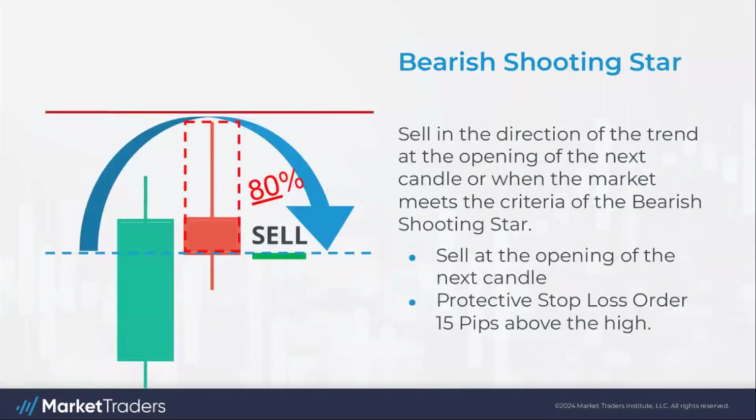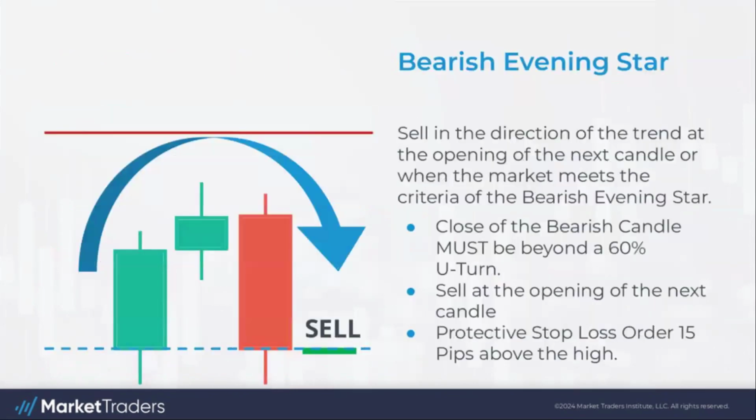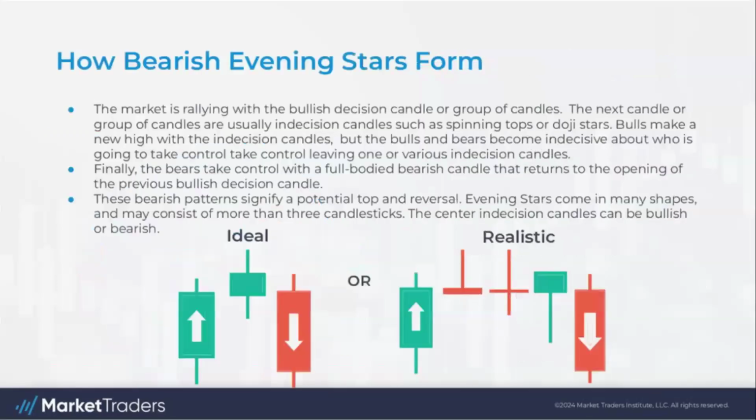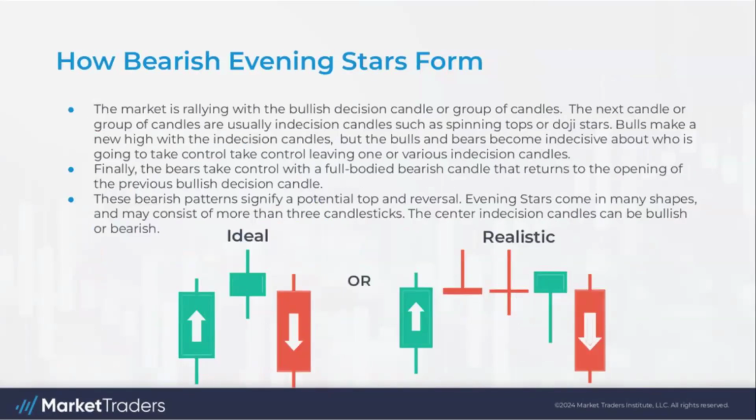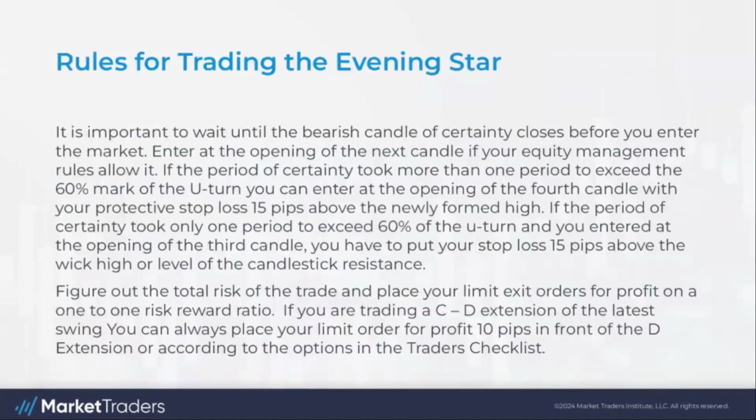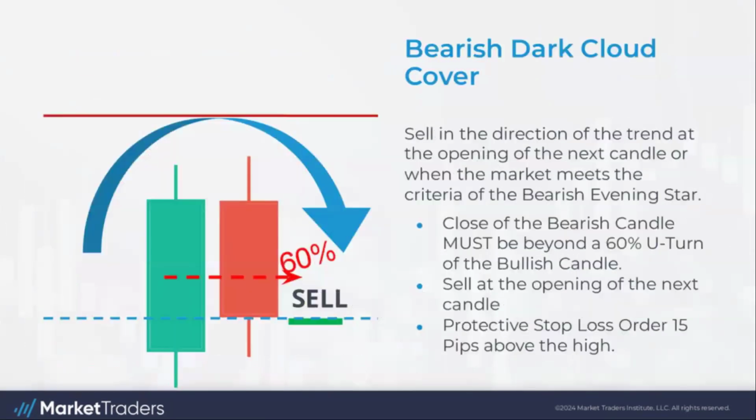So for the bearish, it's almost the same thing. So you have the bearish shooting star, you have the bearish evening star, so the dark line is the composition of the TSL that you saw.